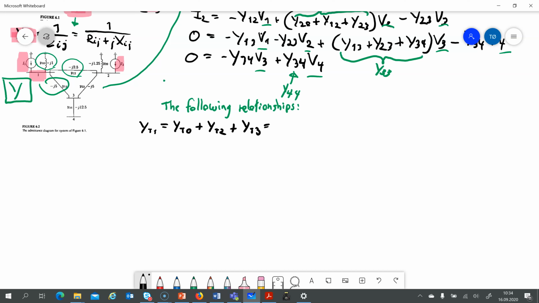And then we have the numbers up there: minus j1 plus minus j2.5, then plus minus j5, equal to minus j8.5.